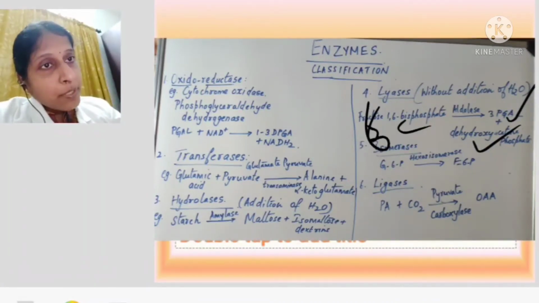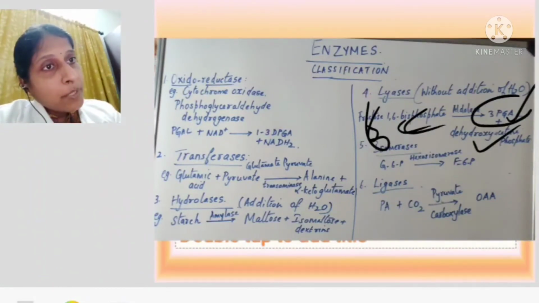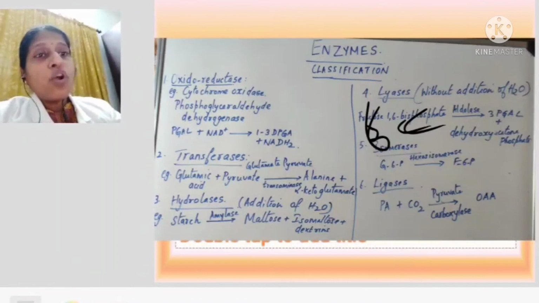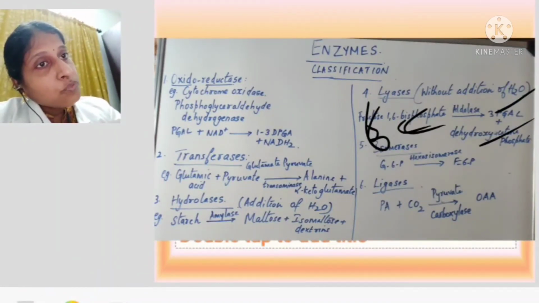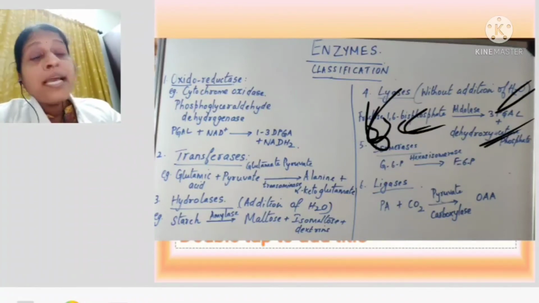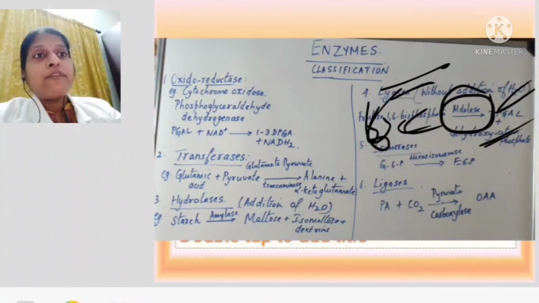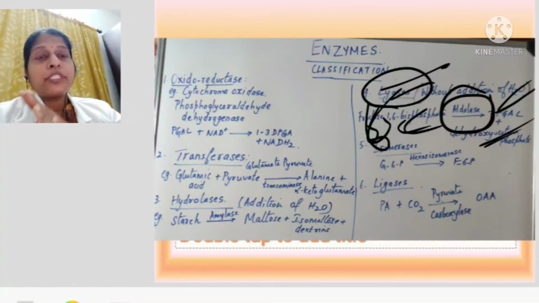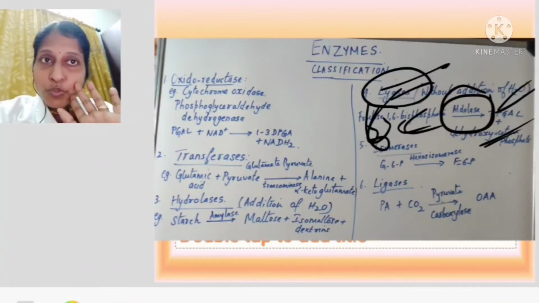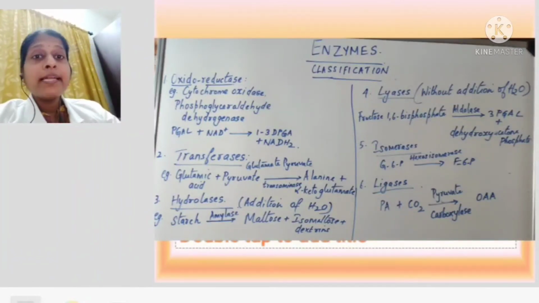So one 6 carbon compound is broken down into 3 plus 3. Here aldolase is the enzyme used. It is a lyase enzyme where without water the bond is broken and a 6 carbon compound is converted into two 3 carbon compounds. So that is again lyases, breaking of bond taking place.